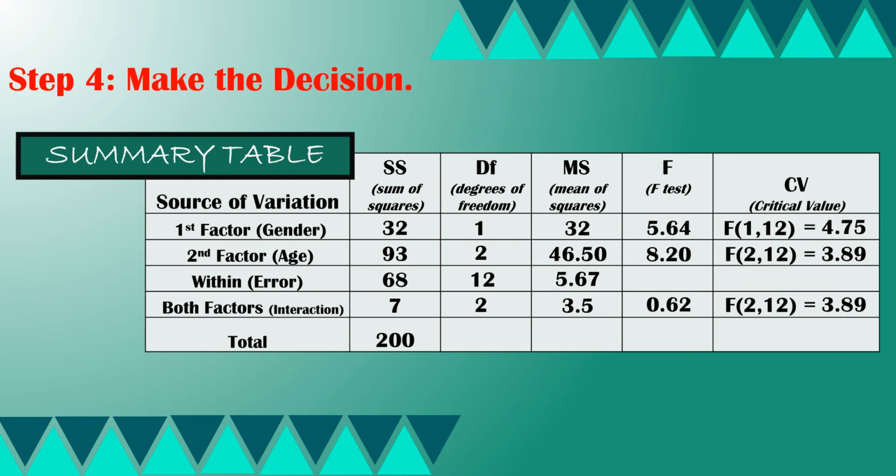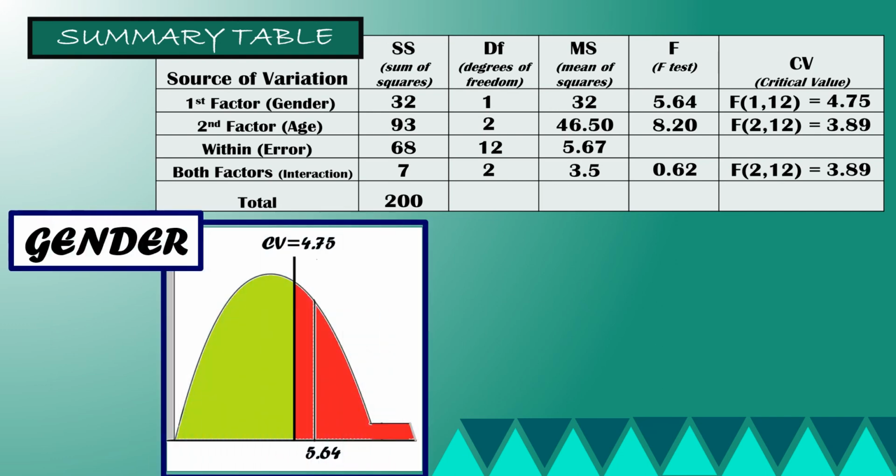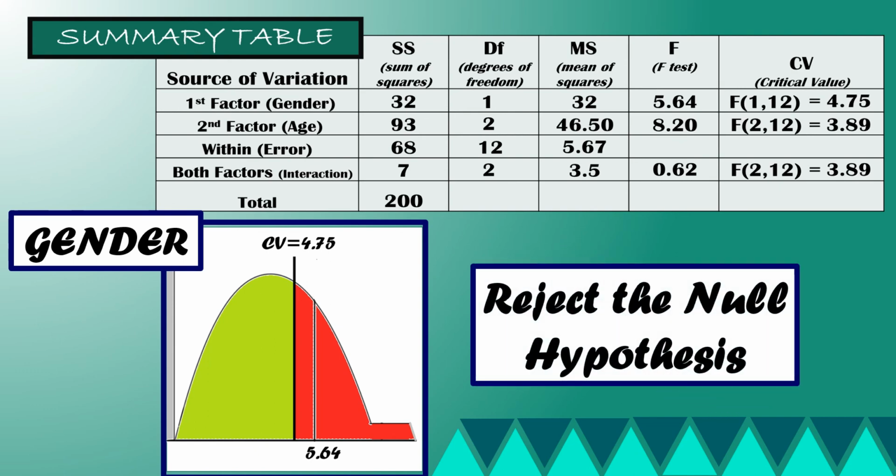Step 4. Make the decision. For factor A or gender, our critical value is 4.75 and our F-score is equal to 5.64. We can see that the F-score falls in the critical region, so our decision for this is to reject the null hypothesis.